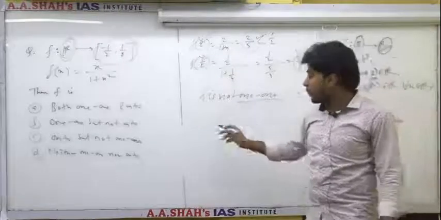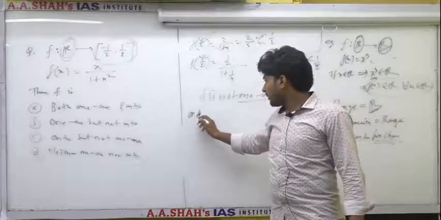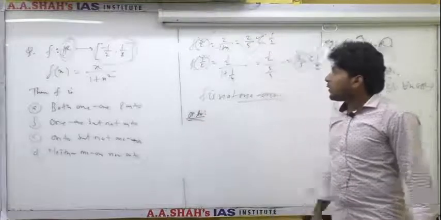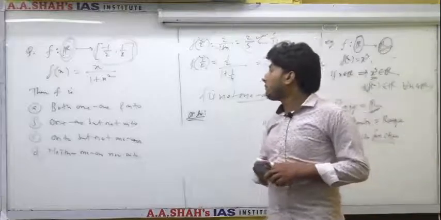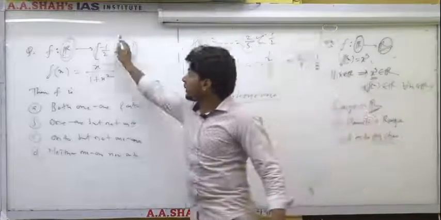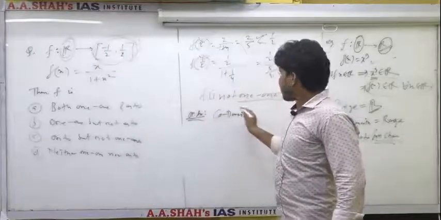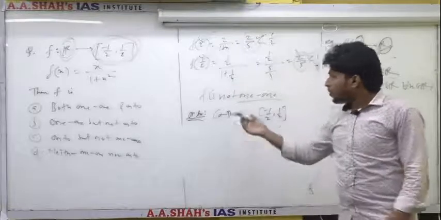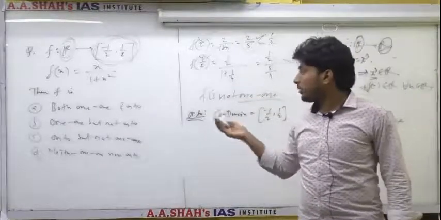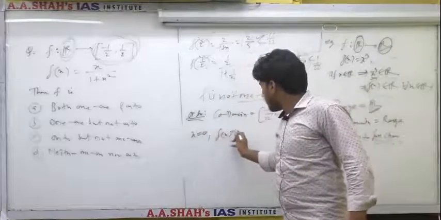Now we need to check whether this is onto or not. To decide whether this is onto or not, we need to find the range. We have been given the codomain: minus 1 by 2 to plus 1 by 2. To find the range, we have two options. We can find directly. For x is 0, f(x) is 0.